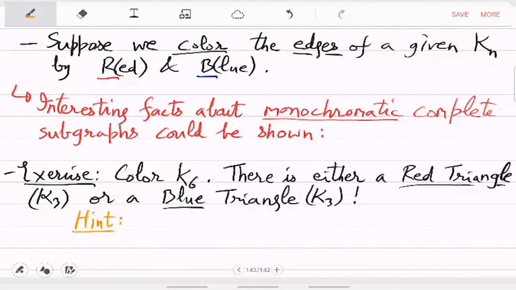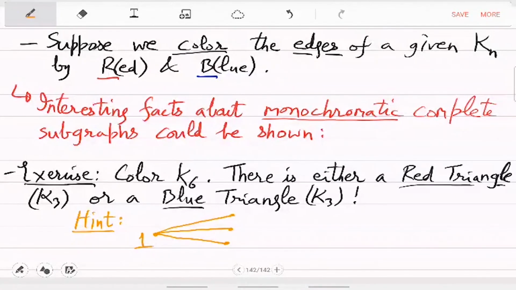So focus on vertex 1. There are 6 vertices. Now vertex 1 has 5 neighbors, and these edges have been colored red or blue.